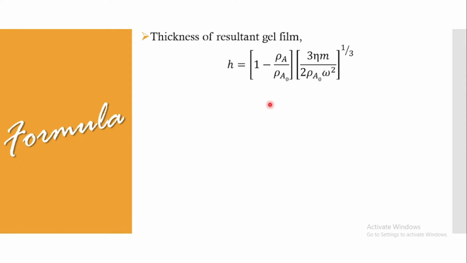And this is the formula for thickness of resulting film, that is h = (1 - ρa/ρa0) × (3ηm / 2ρa0ω²)^(1/3), where ρa is the density of the volatile liquid and m is the rate of evaporation, η is the viscosity and ω is the angular speed.